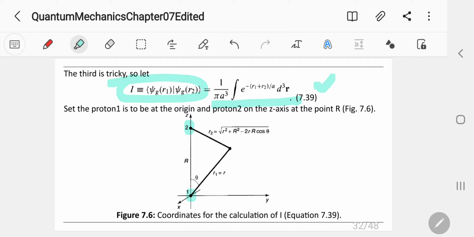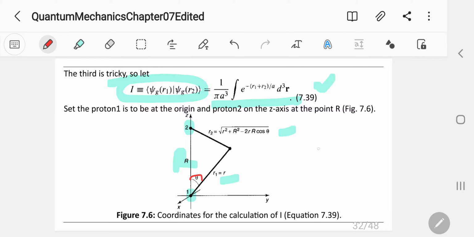So you can put the two protons on the z-axis such that your R would be just lying along the z, and of course your r1 would be just r, and then your r2 would be the square root of r squared plus capital R squared minus 2 r capital R cosine theta, where the theta is measured here.